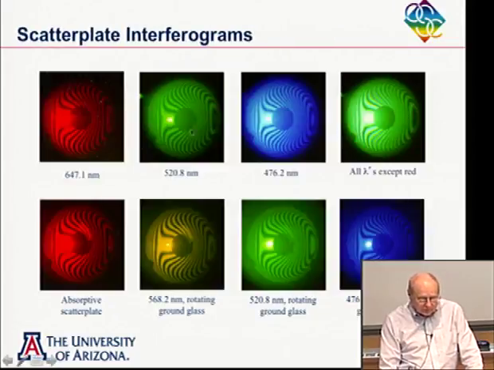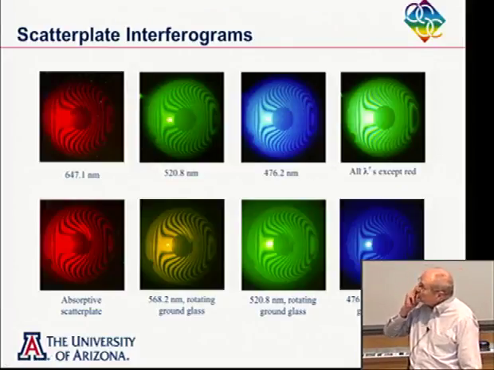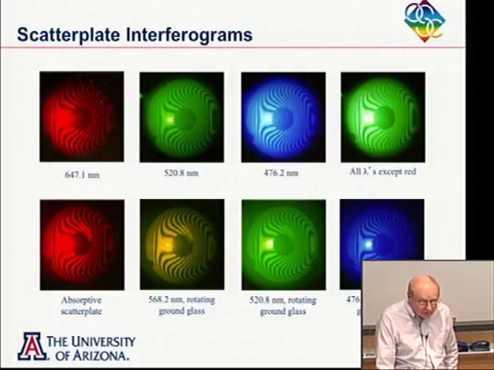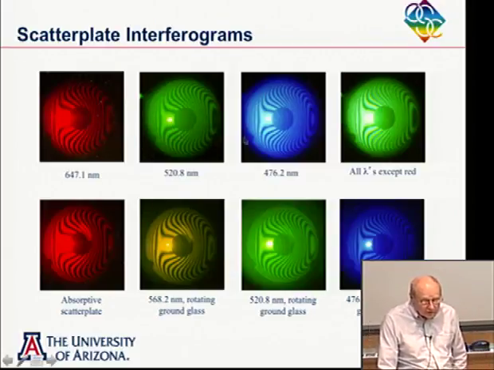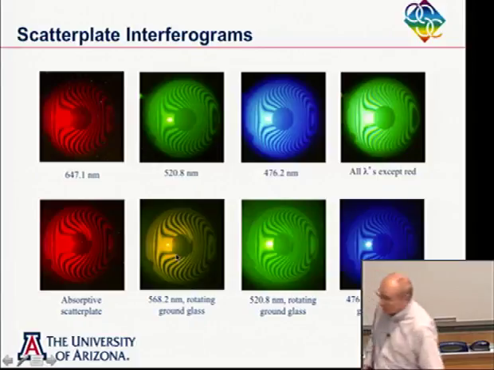So there's just a set of pictures that this student of mine did, the first one who did his PhD on it, Larry Rubin. And I guess all of these are lasers. And then some of these, he's doing a rotating ground glass. I don't know, from your seat you probably can't see it, but the speckle really has gone away.